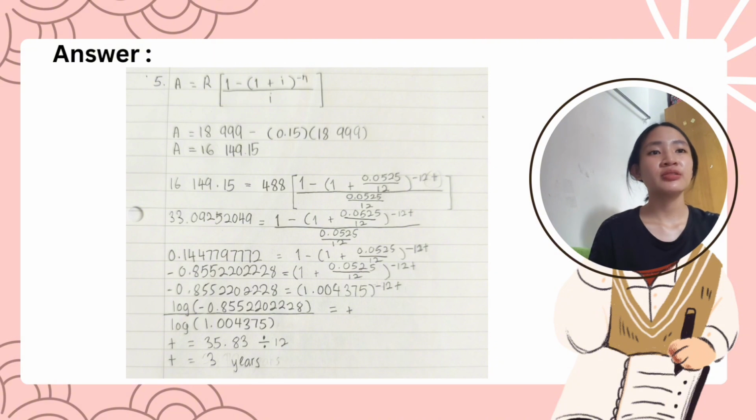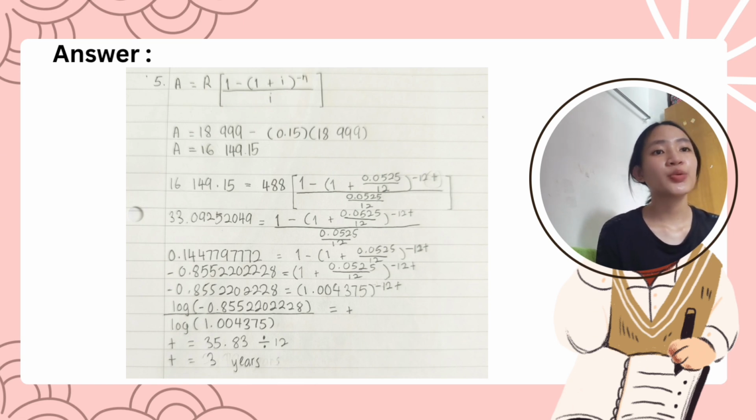So I will be moving on. Question 5. Chong buys a smart 4K OLED TV with a cash price of Rm 18,999 by making a 15% down payment. The remaining balance is financed through a hire purchase agreement with a bank that charges 5.25% per annum compounded monthly.